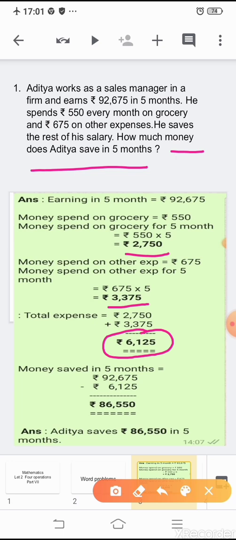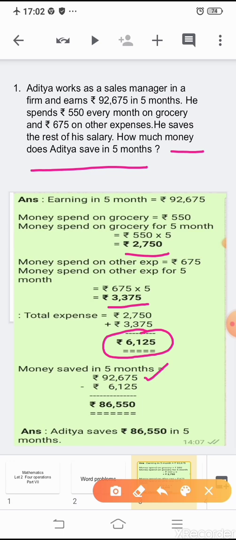So the total money he spent was 6,125 and how much he earned was 92,675. Now out of 92,675, he has spent 6,125, that is on groceries as well as his other expenditure.